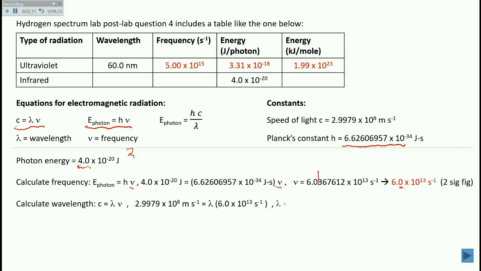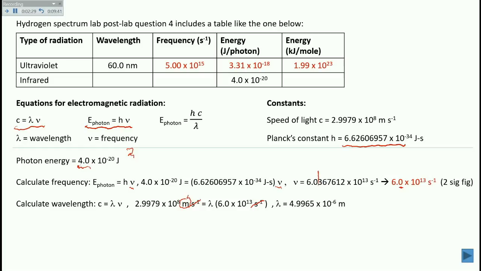Let's put that in. Now notice my units. Seconds to the minus 1 on this side will cancel seconds to the minus 1 on that side, leaving me with units of meters, which is what I have.